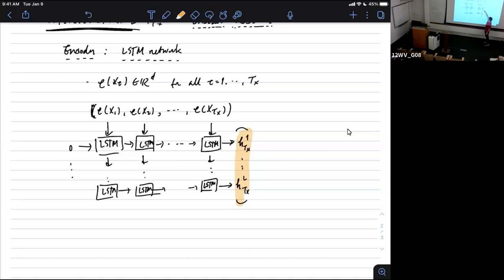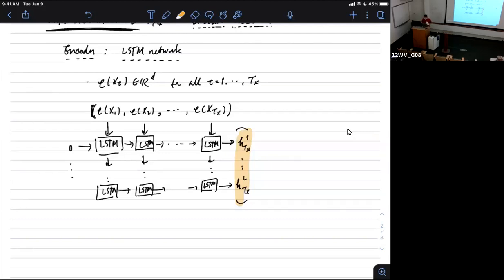So at the end of the day, this is a pretty nice summary, the code or the encoding of the source sentence for the purpose of machine translation. Yes. So that was the encoder.